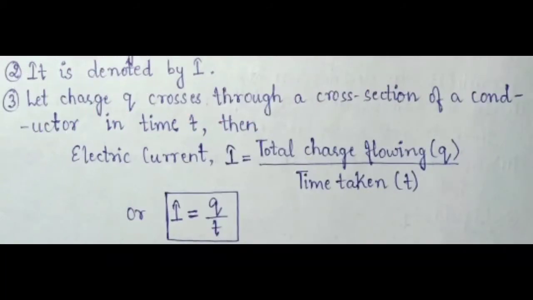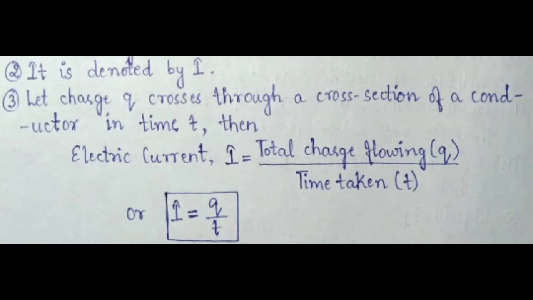Now how do you denote electric current? It is denoted by I, which is given in the second point. In the third point, if we consider that a charge Q crosses a cross section of a conductor in time t, then the formula of electric current is I equals total charge flowing, Q, divided by the time taken, t.